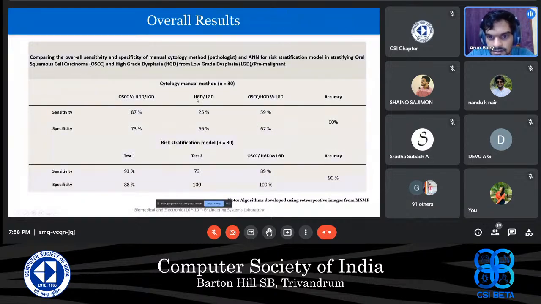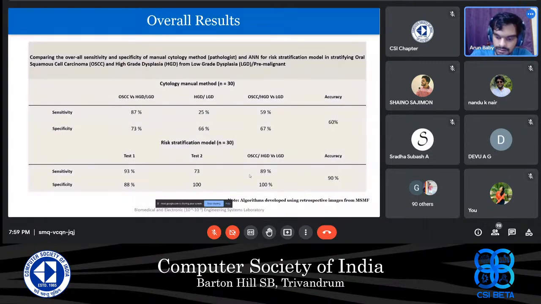For detecting low grade, the sensitivity of the manual method was very low, around 25%. That is because the images will only have a few cells that are cancerous. But the automated method, which was developed with artificial intelligence, gave 90% accuracy in predicting the classes, and for lower grades we have 73% sensitivity, which is really important in predicting cancers early.